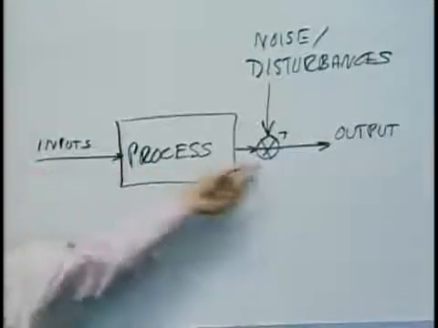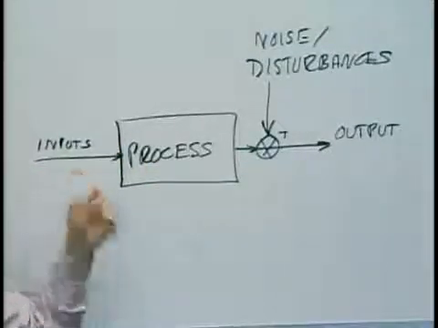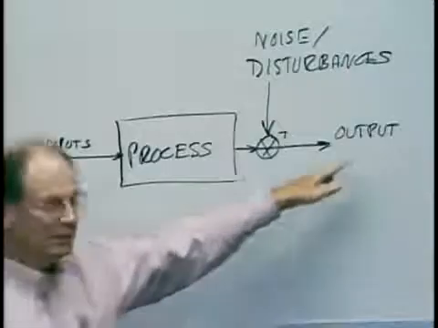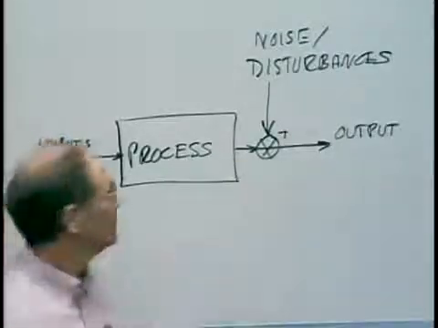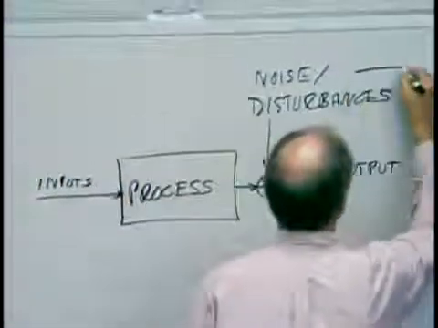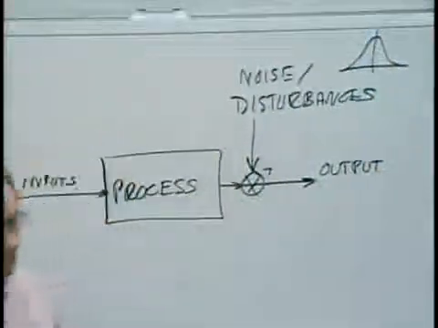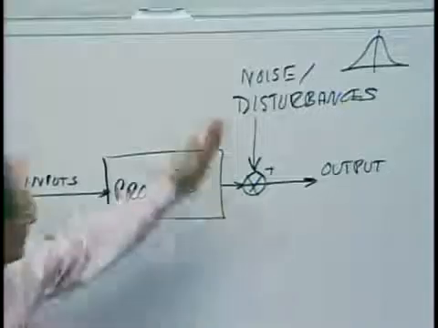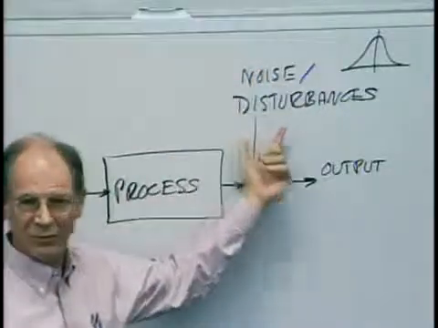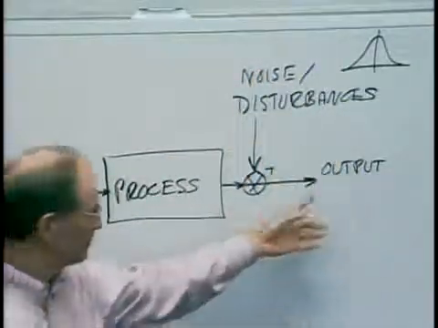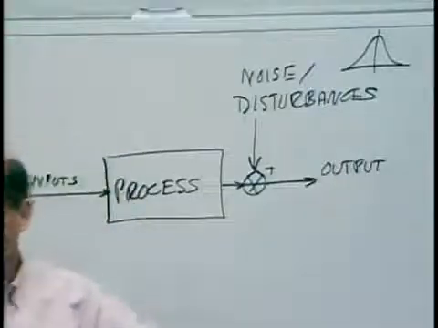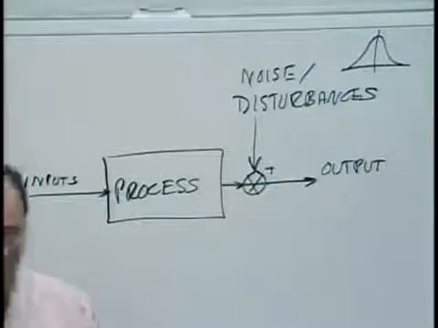So imagine that this is a purely deterministic process. I hold the input perfectly constant. The output stays perfectly constant, except that I have a noise up here that's described, let's say, by a normal distribution. So at any instant in time, this variable will be following a normal distribution. So the output will follow a normal distribution, okay?